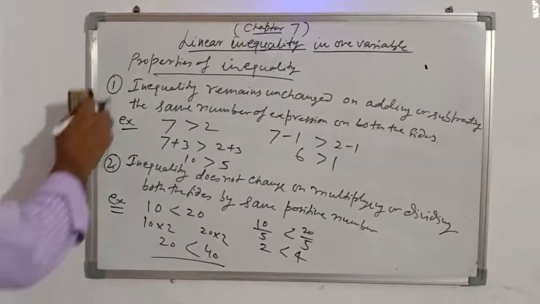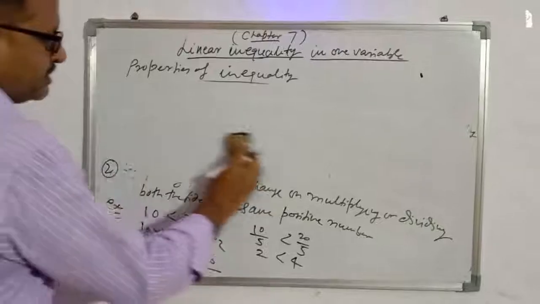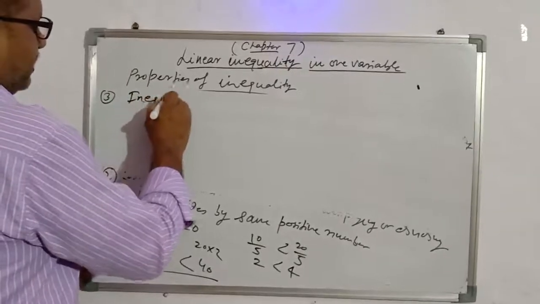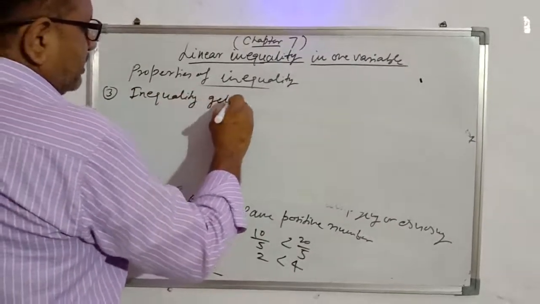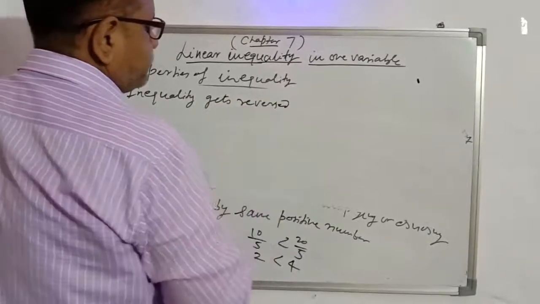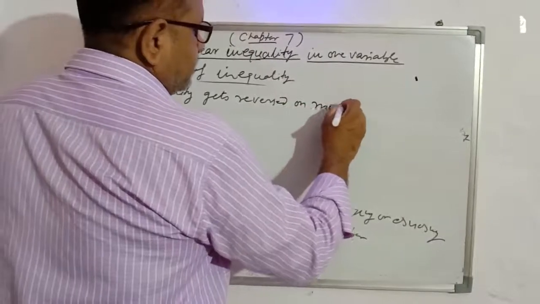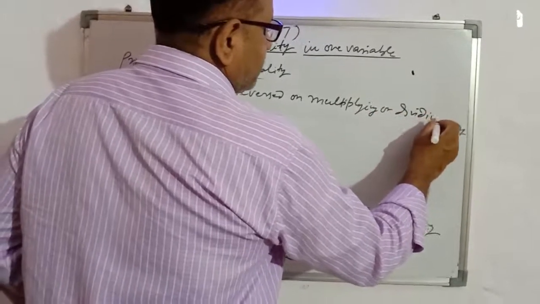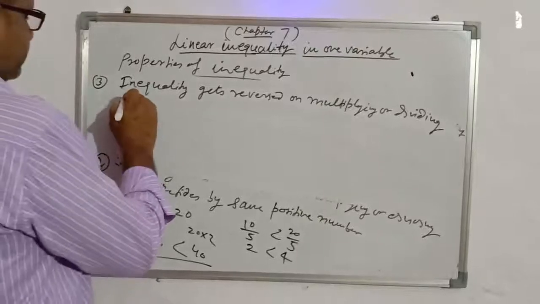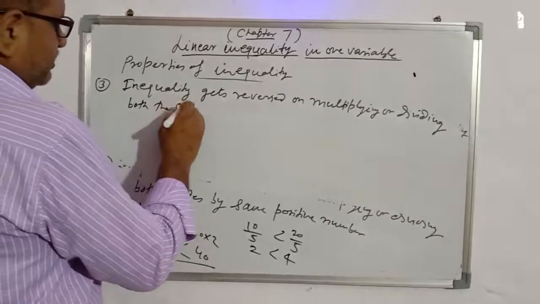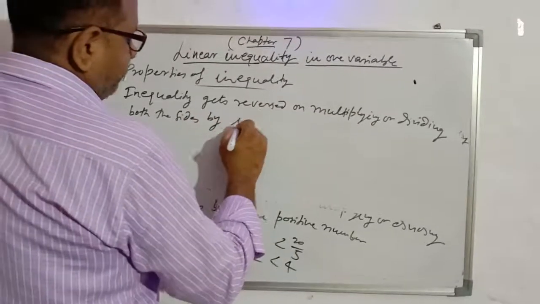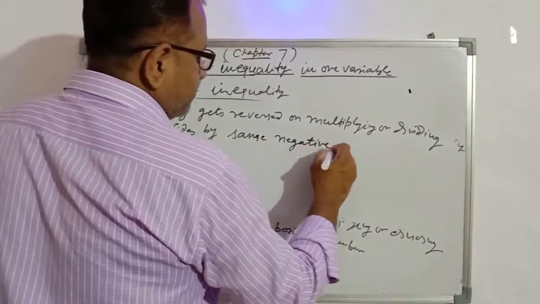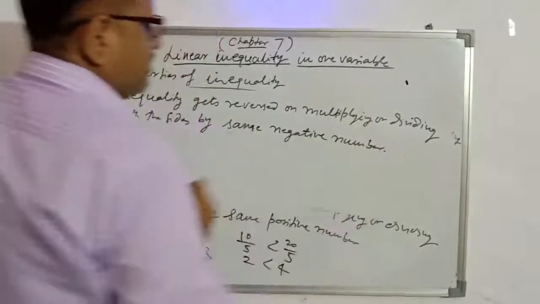Now third property: inequality gets reversed on multiplying or dividing both the sides by the same negative number.